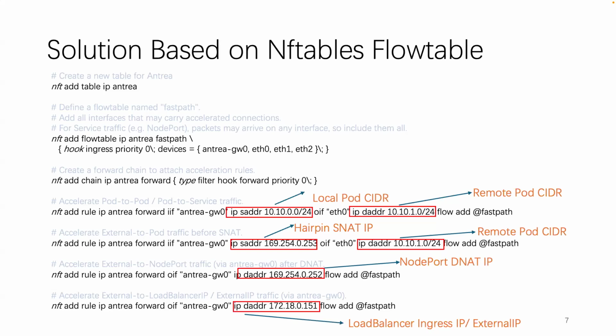The first one, we may fix the Kube proxy NF table mode, because we need to set a higher priority to match the service traffic. And the next one is to add the rule to speed up the traffic.